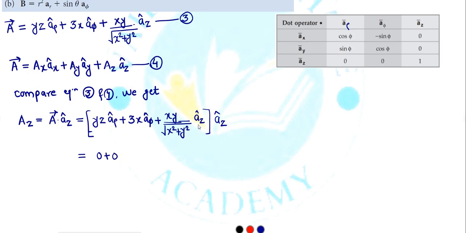Now the dot product in between az and az, the two same vectors, is equal to 1. So we are left with the value xy divided by square root of x square plus y square. So this is the value for that Az.